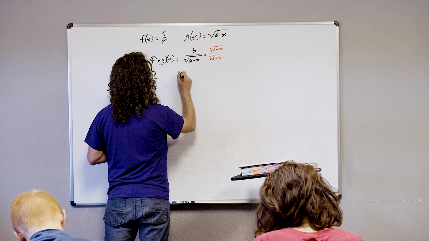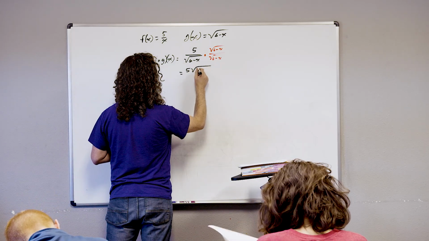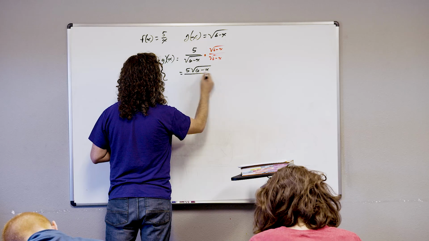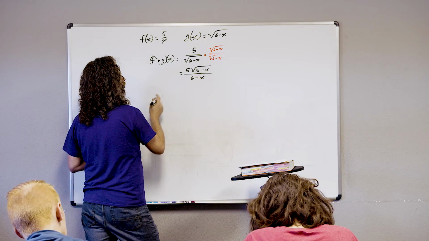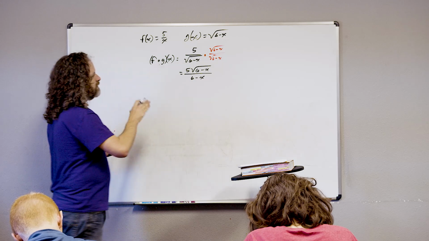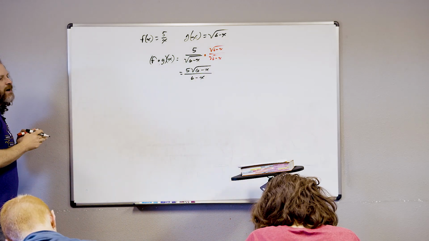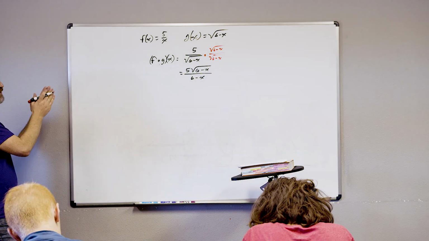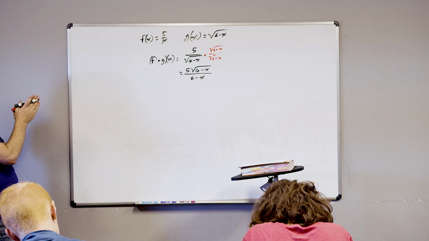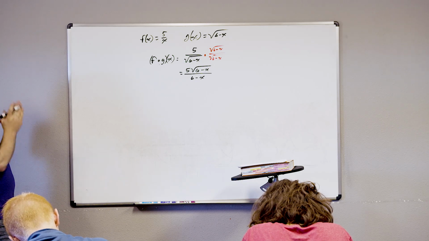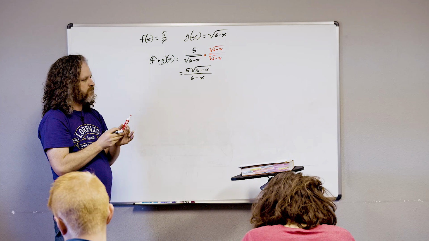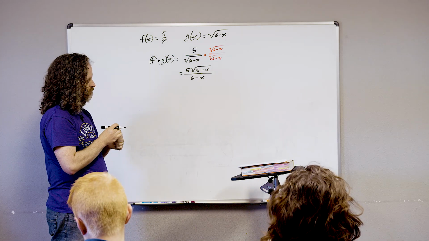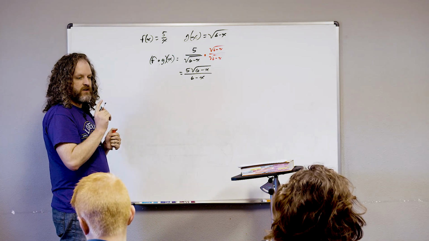So we've got 5 times the square root of 6 minus x over 6 minus x. Now, what is the domain of this thing? What can x not be? There are two issues. Can't have a 0 in which one?